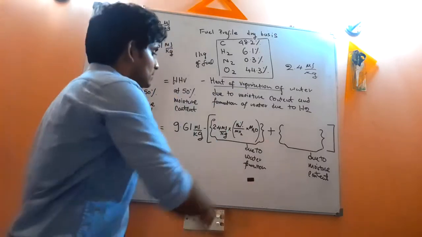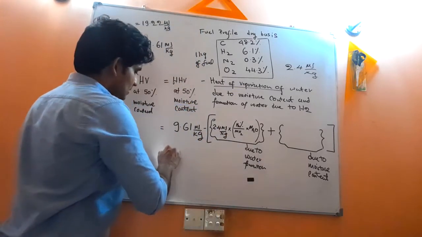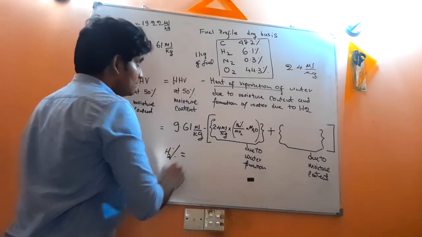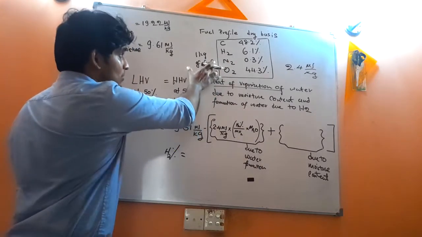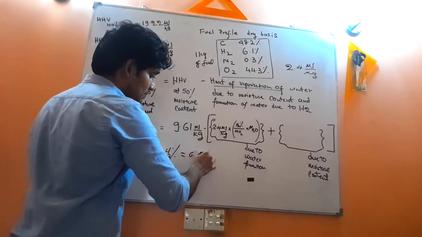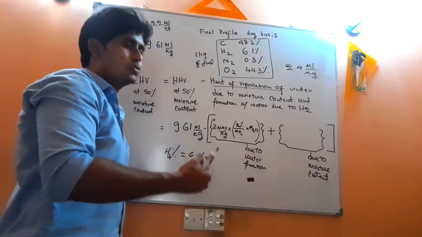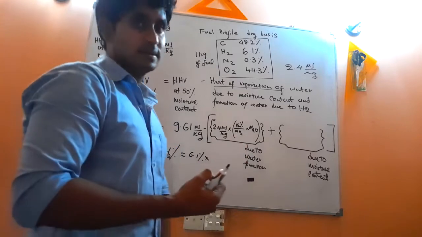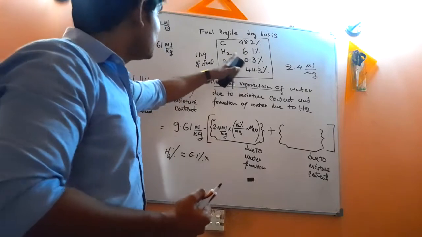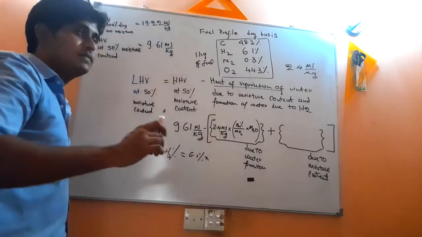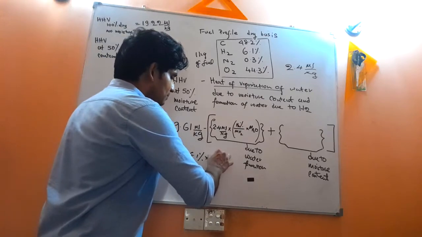So what is the percentage of hydrogen? It will be the original percentage based upon 1 kilogram, which is 6.1%, but you have to multiply that by the actual fuel content when considering the moisture percentage. We have 50% moisture, so only 50% pure fuel. So multiply by 0.5.